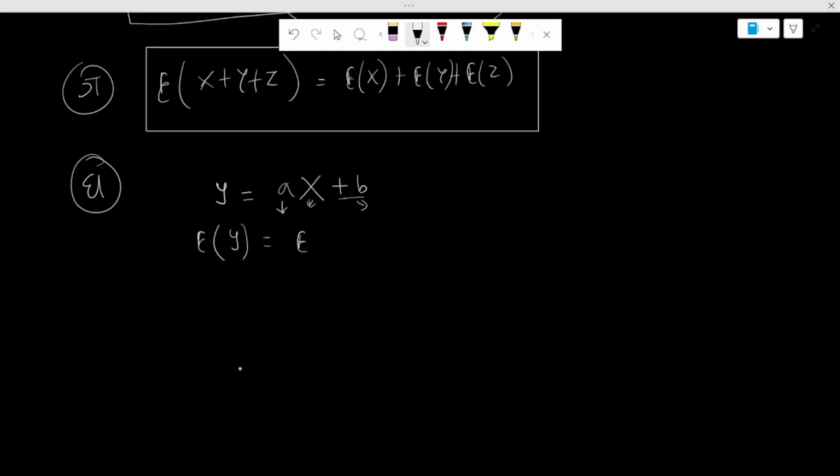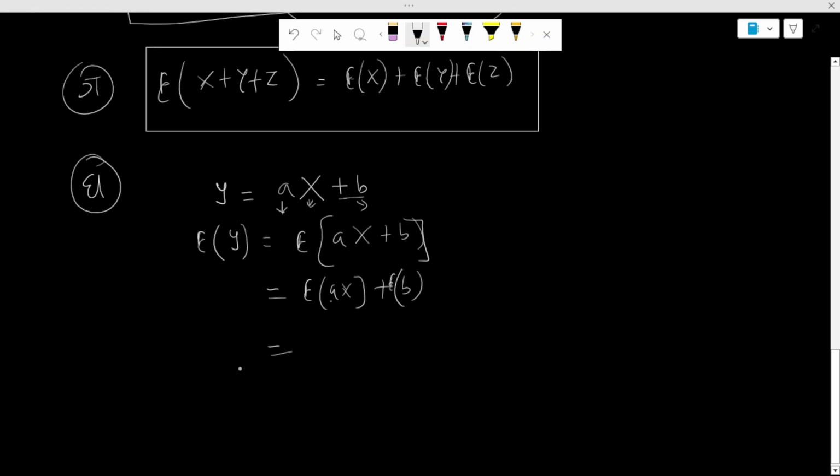Expectation of y is equal to the expectation of a x plus b, and we can operate their expectation individually. So E of a x, and then plus expectation of b. Here a is our constant or scalar, so it comes outside of the expectation, plus an expectation of the constant.